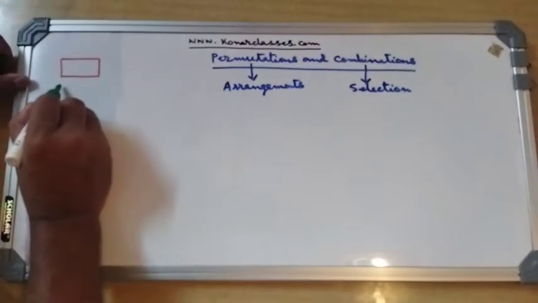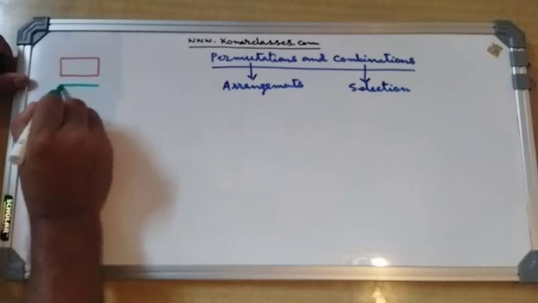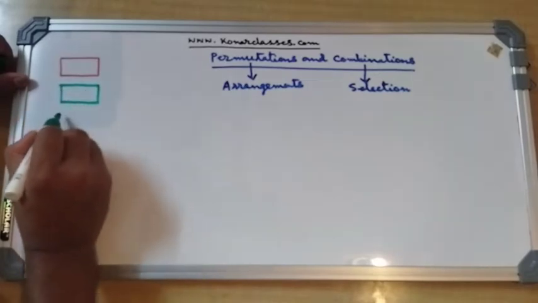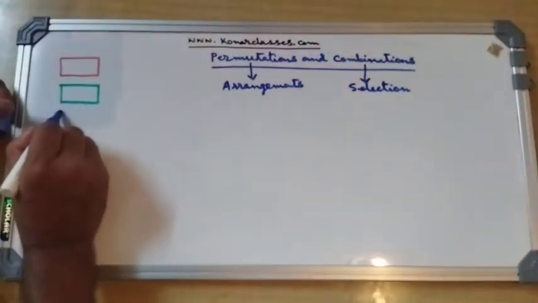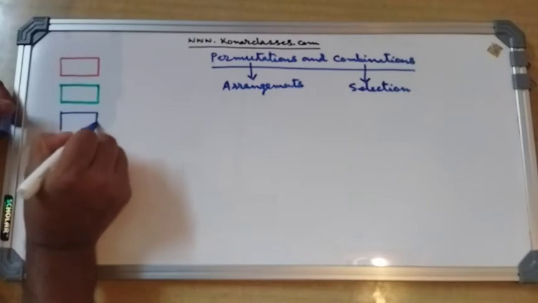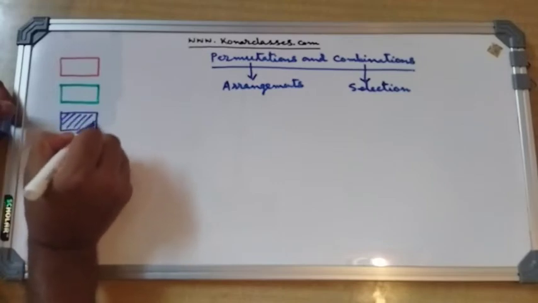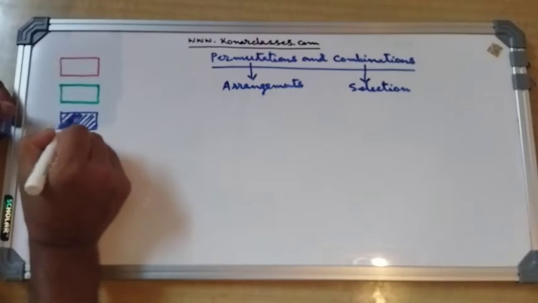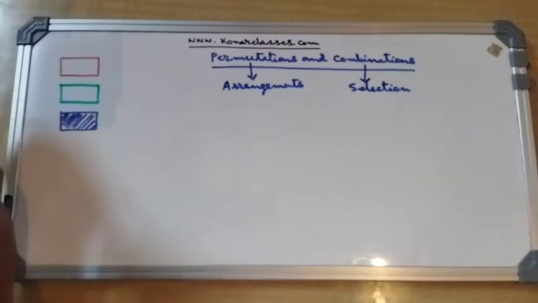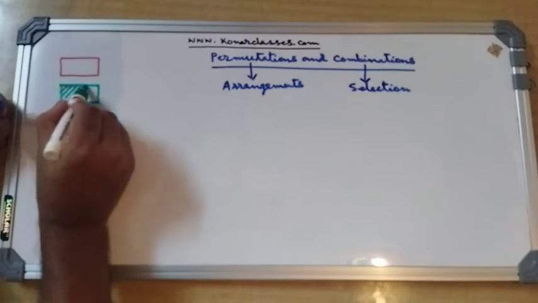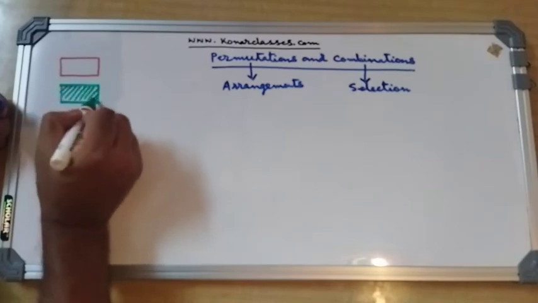The first one, as you see, is wrapped in red. The second one is wrapped in green, and the third one is wrapped in blue. The green color wrapper, you see it here.